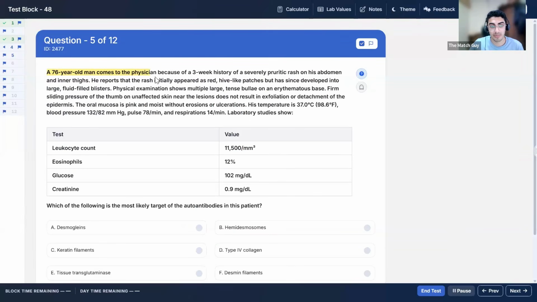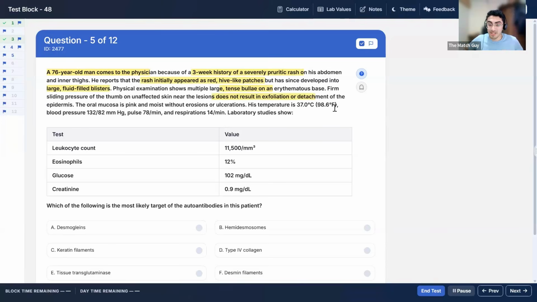A 76-year-old man comes to the physician because of a 3-week history of severely pruritic rash on his abdomen and inner thigh. He reports that the rash initially spread as red hive-like patches, but has since developed into large fluid-filled blisters. Physical examination shows multiple large tense bullae; firm sliding pressure with the thumb on unaffected skin near the lesion doesn't result in detachment of the blister.